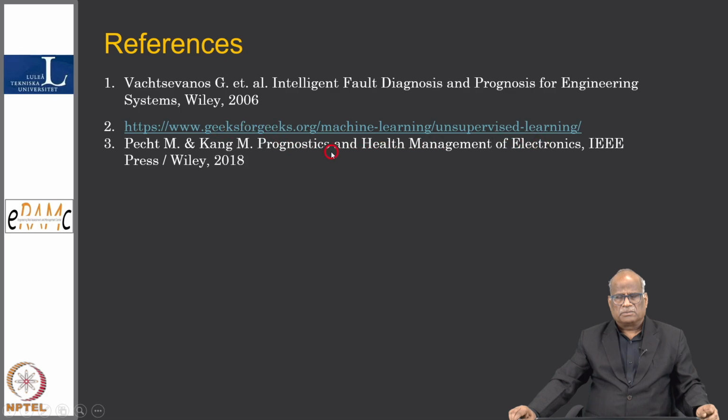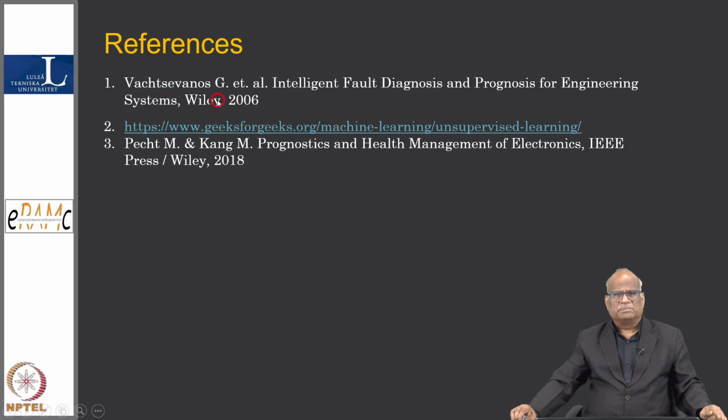Good work has been shown, and this is one of the pioneering labs in the world as far as the application of PHM and development of tools and applications is concerned. There is also a website, and inspiration sort of thing we have taken from there.